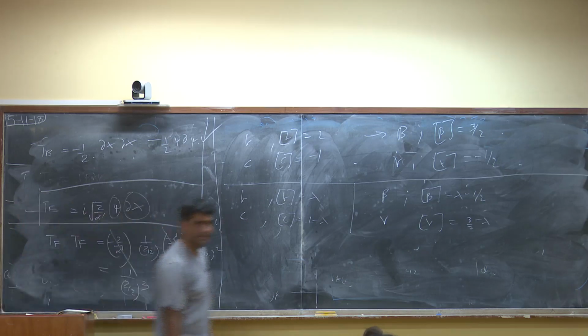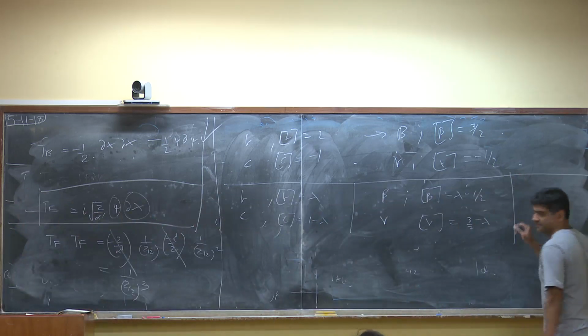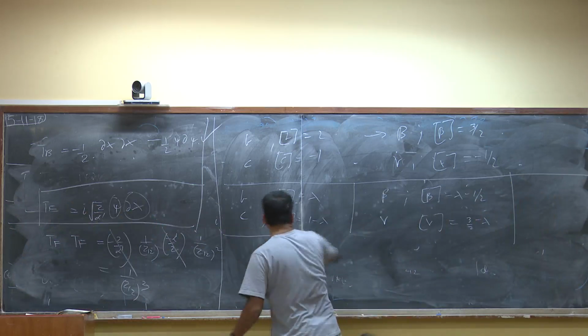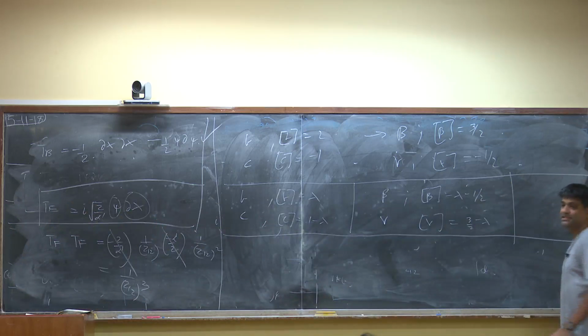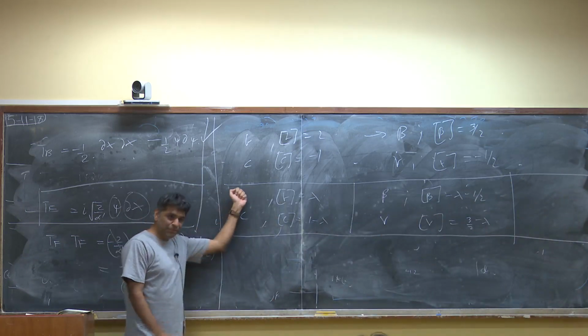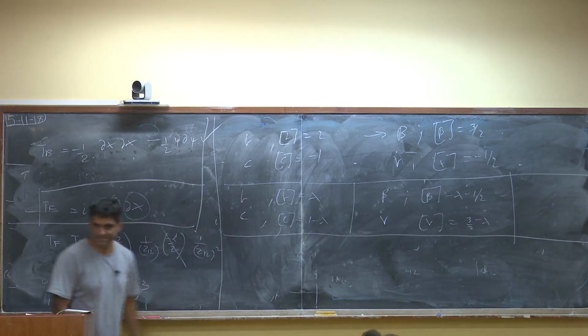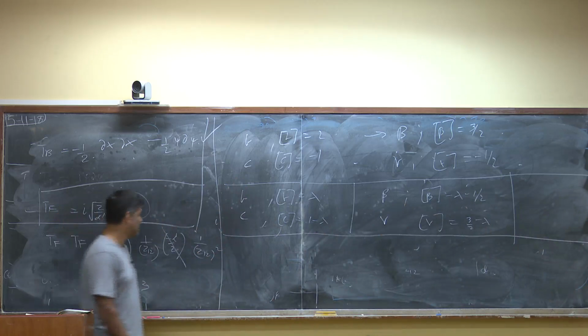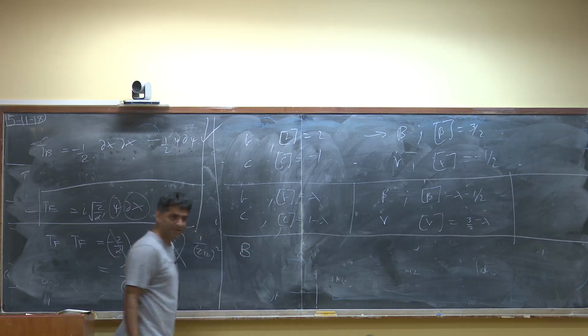Okay. So now how are we going to work with this? Once again, what we're going to try to do is to make a superfield. So we're going to try to make a B superfield and a C superfield. So let's make a capital B superfield.